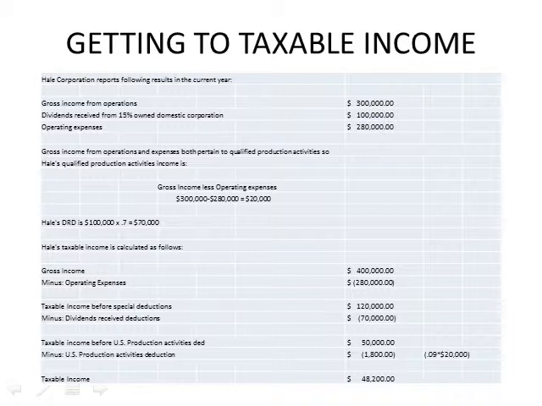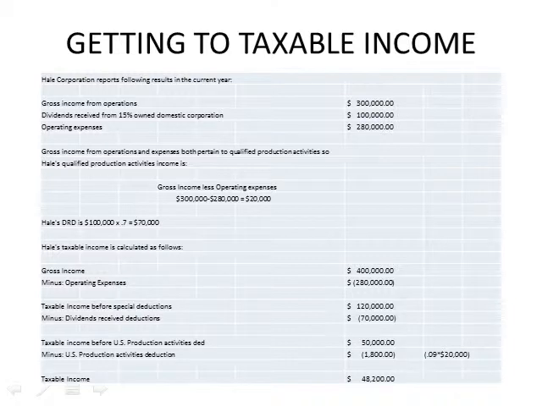We're told that gross income from operations and expenses both pertain to qualified production activities. We talked earlier in the class about what constitutes qualified production activities, and in this case we're given that. So we calculate the qualified production activities income as gross income less operating expenses: the gross income from operations of $300,000 minus total operating expenses of $280,000 gets us to $20,000.